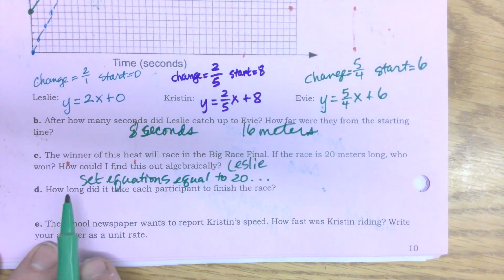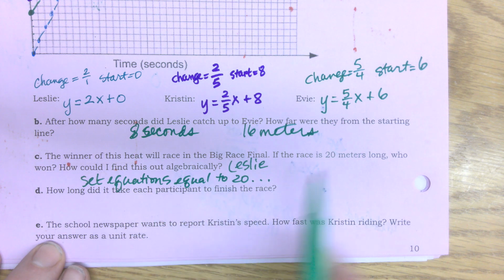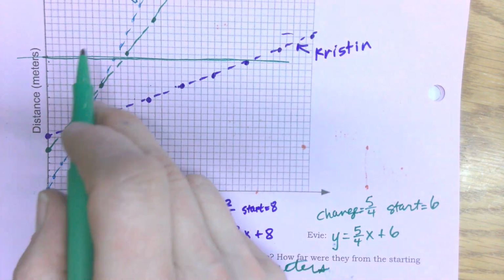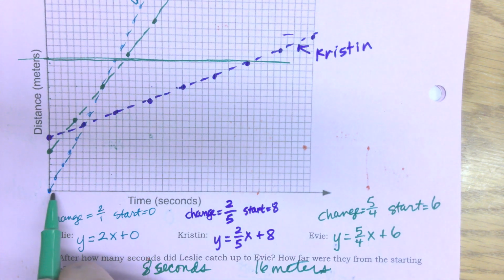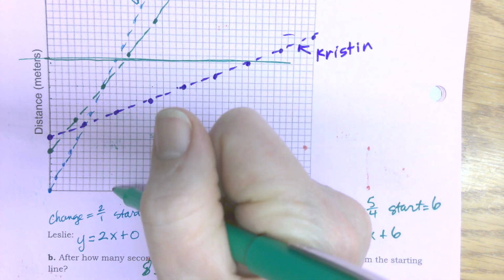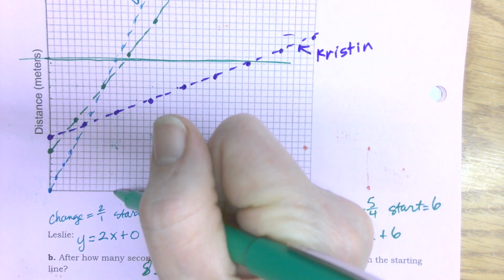So up next is, how long did it take each participant to finish the race? So let's take a look here. I'm going to have to do some counting again. I'm going to try and eyeball this.